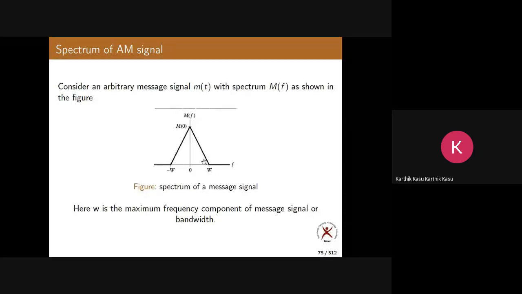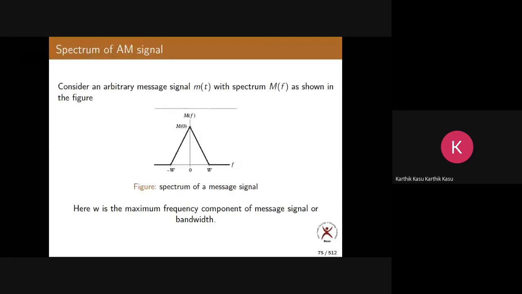What's the bandwidth of the spectrum? Not 2W, it is only W. Why? If any signal is a real signal, what about the Fourier transform of a real signal? It has to be symmetric. If anything is real and you take the Fourier transform, the spectrum has to be symmetric.